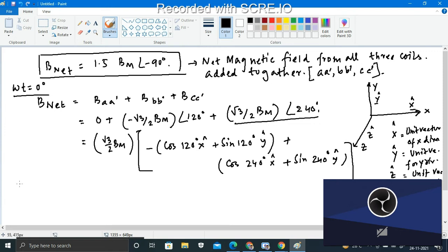So that is my redefined equation. Again, root 3 by 2 Bm.